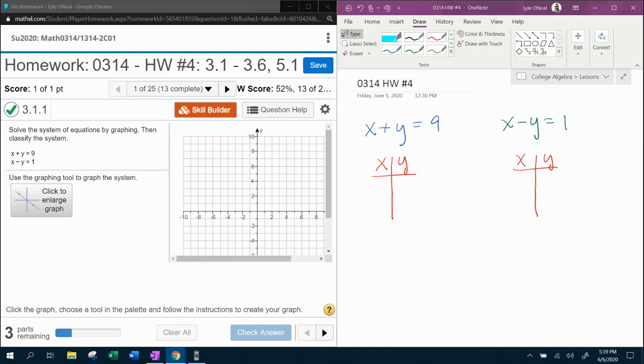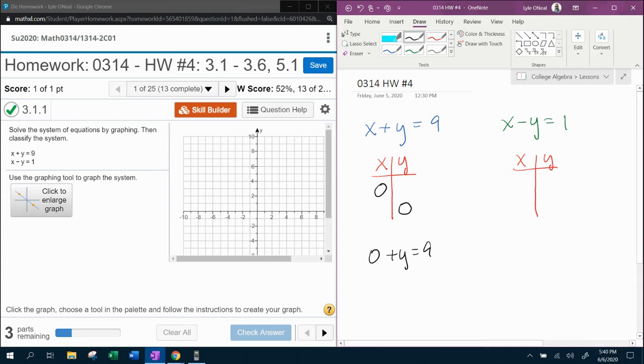Here's what the intercepts method says. We're going to let x be 0 one time, and then we're going to let y be 0 one time. Since these are linear, the minimum amount of points needed to graph a line is 2, and I will come up with 2 ordered pairs, specifically the x and y intercepts. For the first equation, if I let x be 0, that's 0 plus y equals 9.